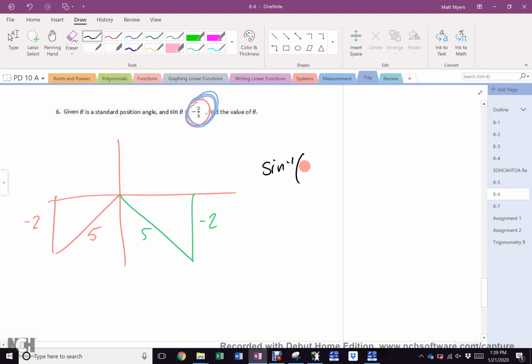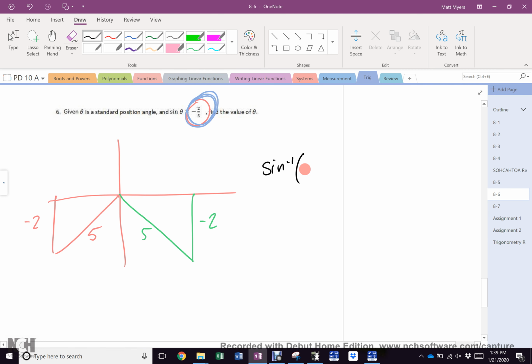Shift sine of... So where does the 24 go?